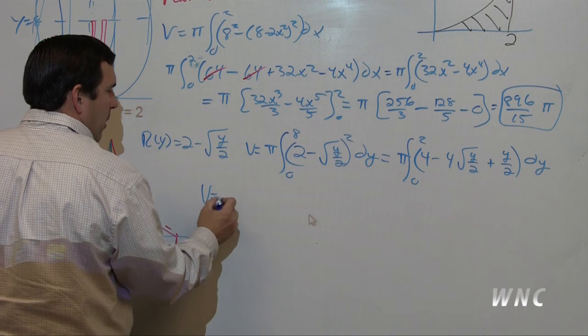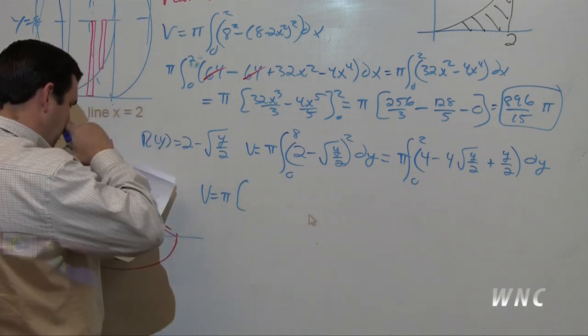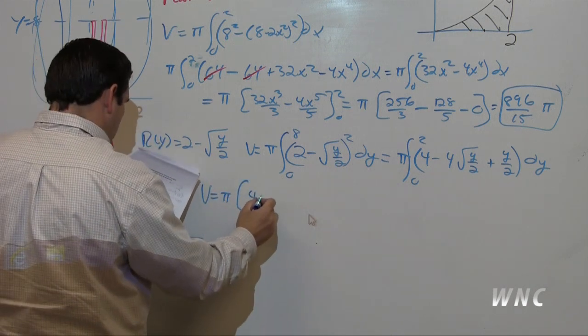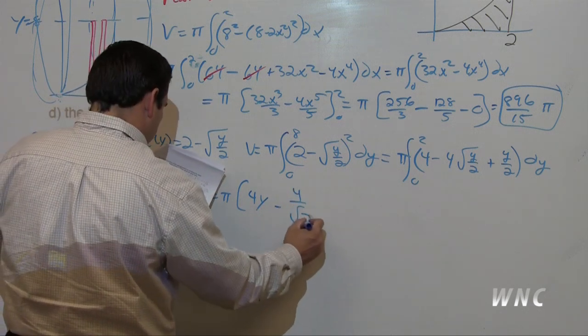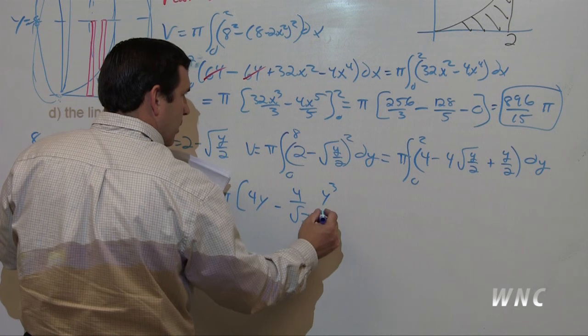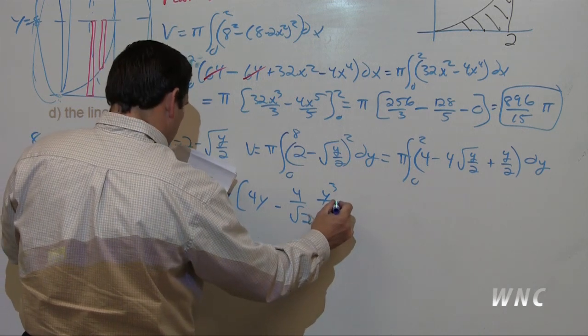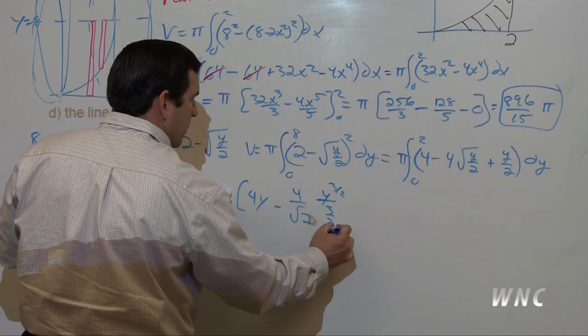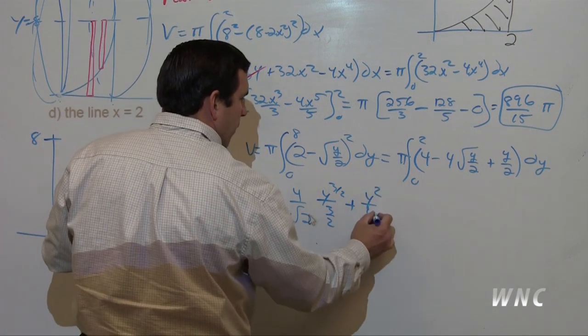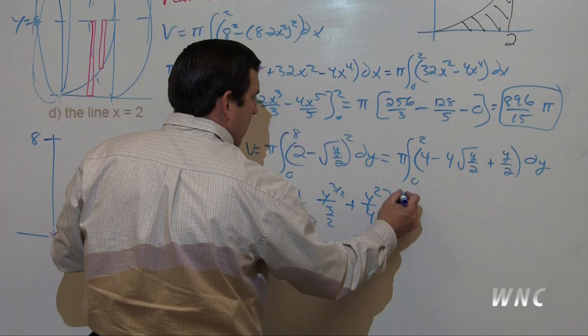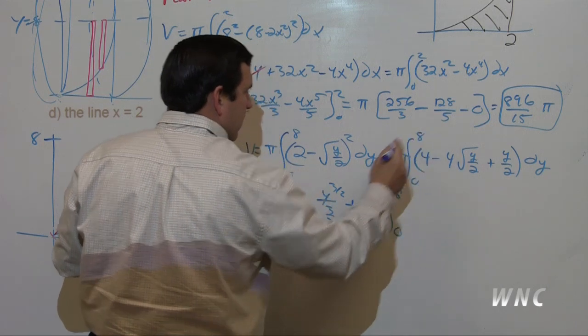So the volume is going to be pi times what? It's 4y minus 4 over the square root of 2 times y to the 3 halves over 3 halves plus y squared over 4 from 0 to 8. This should be an 8 here.